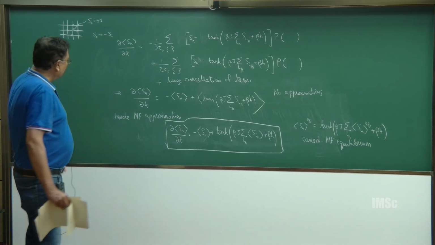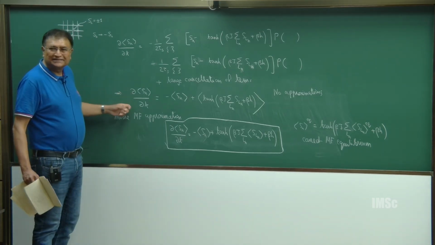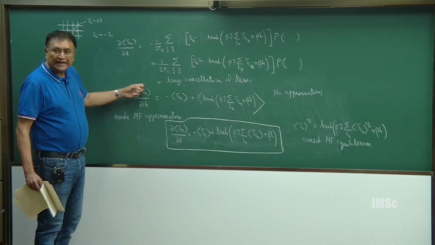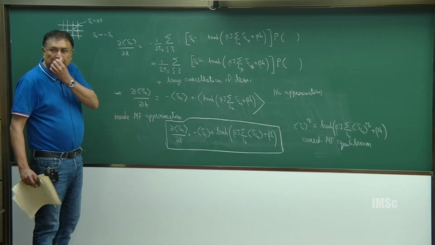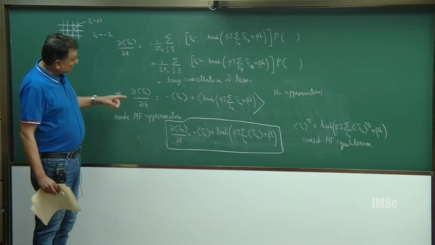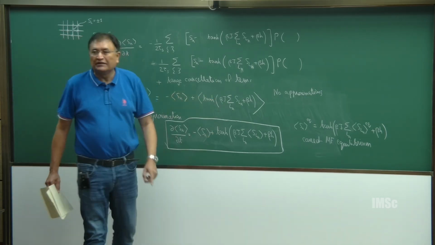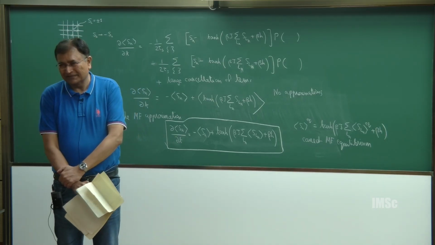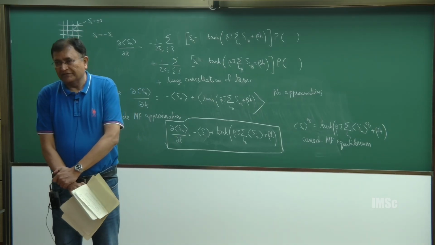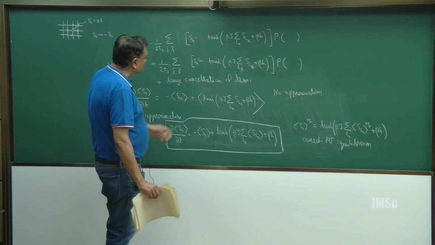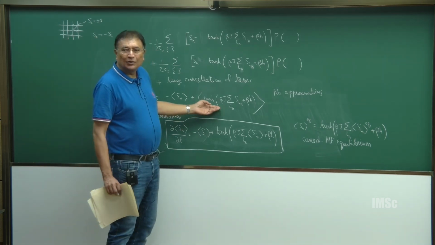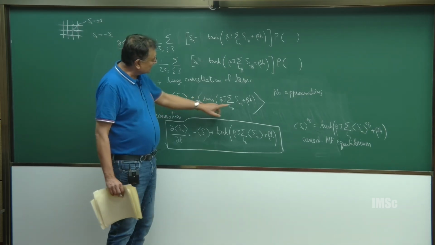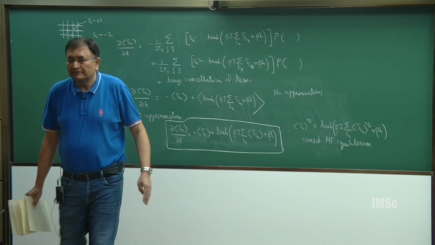Okay, so you will have to write down corresponding equations for time evolution of Sn squared, Sn cubed, Sn fourth, and so on and so forth. So essentially this equation is equivalent to an infinite hierarchy of evolution equations. Okay, and this truncation is a pretty standard one. You neglect all the higher power correlations and just take this expectation value inside the bracket.